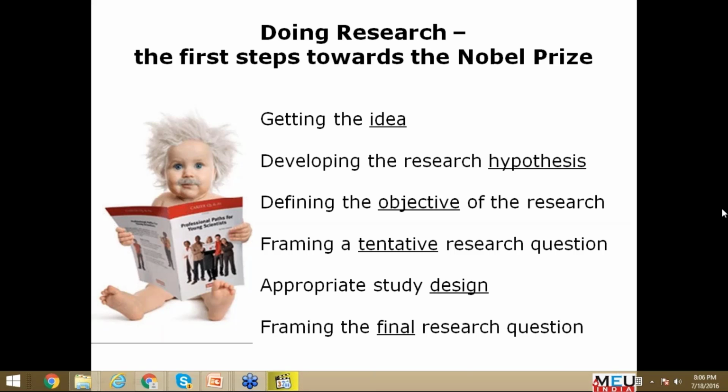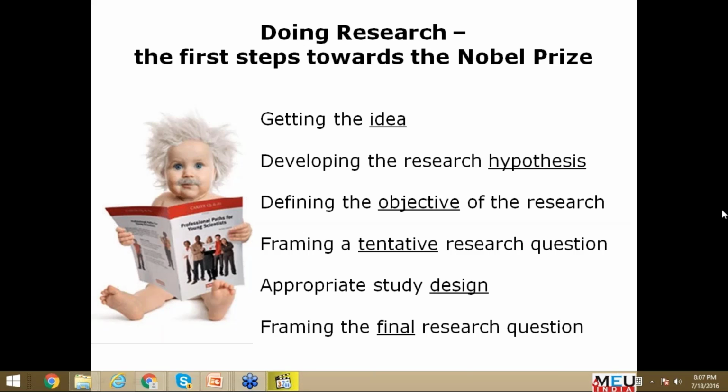We frame a tentative research question, which may be just a broad outline, and then we create an appropriate study design, and by making that study design, we fine tune it, and ultimately we frame a final research question.